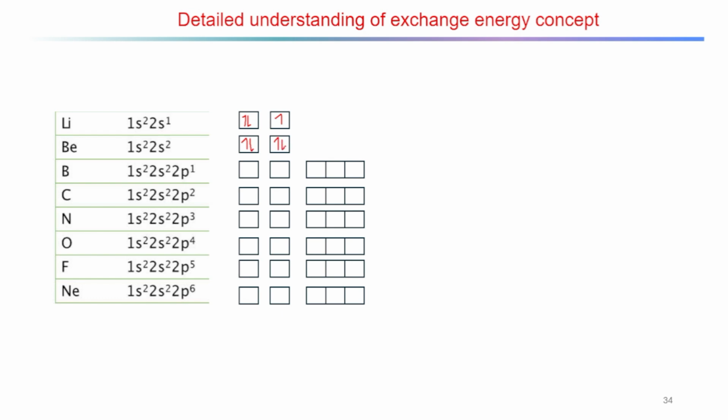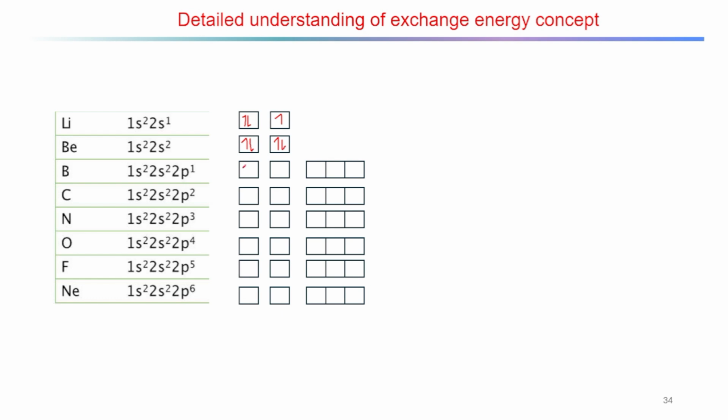Now this beryllium in 2s, now it has 2 electrons. So this is actually full filled. Now these full filled electrons are having higher stability. Now I will explain it in case of nitrogen and oxygen.